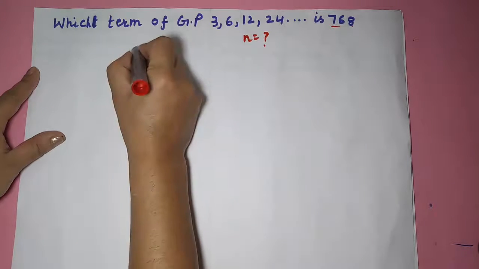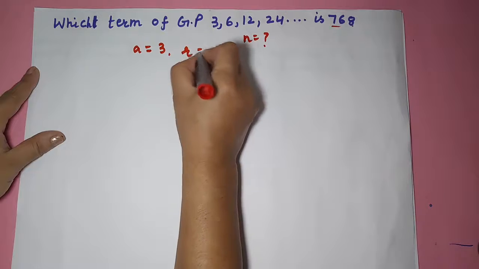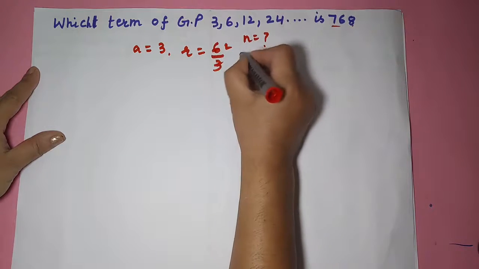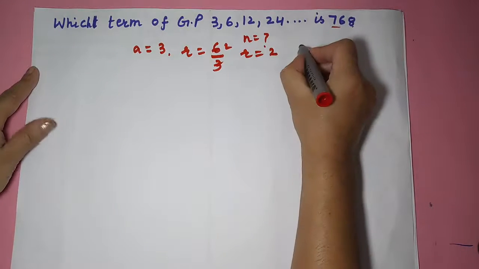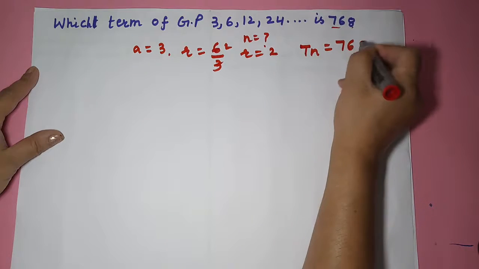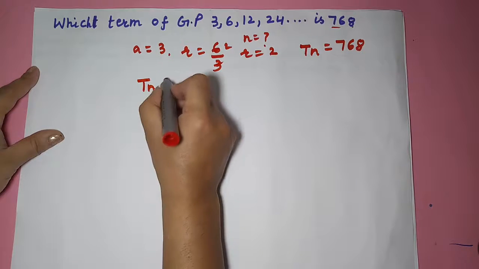Right? We have A as 3 and we have R as T2 by T1, that is 6 by 3, which is 2. So I got R as 2, A is 3, and the last term, that is Tn, is given as 768, right? So let me calculate this n.